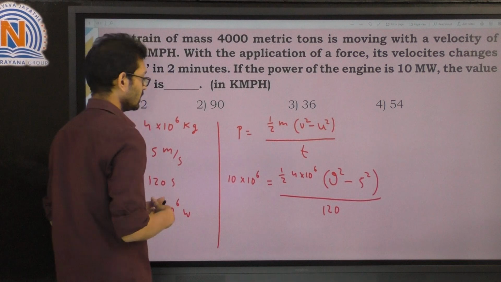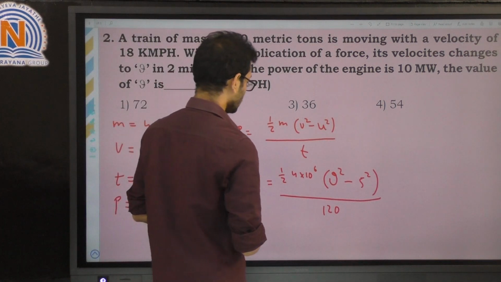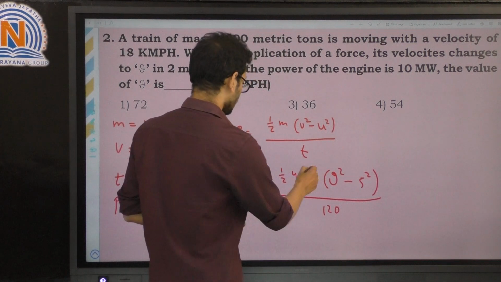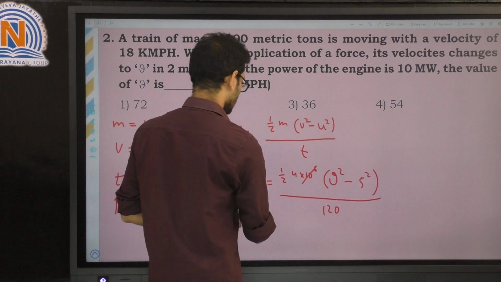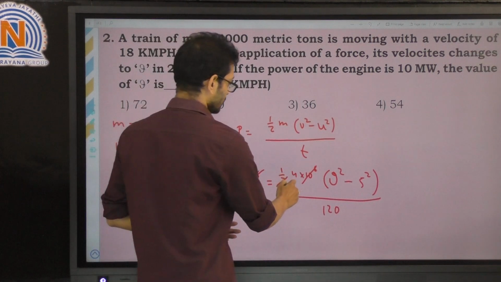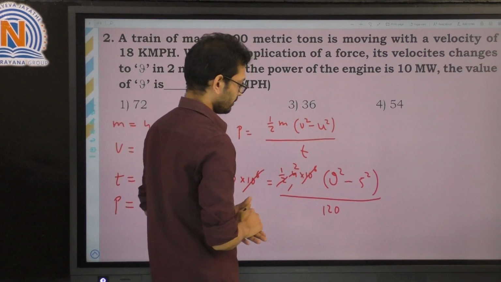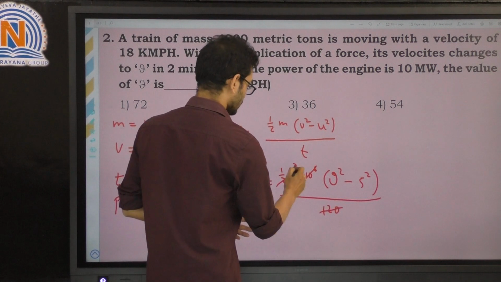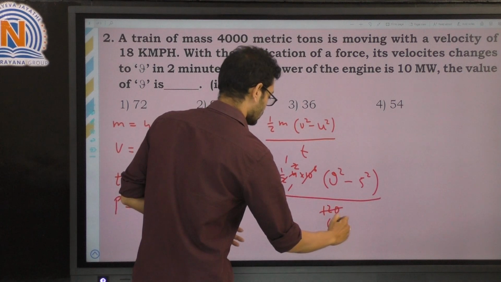How much are you going to get? You are going to get 10 power 6, and 10 power 6 gets cancelled, and 2 ones are 2, 2 60s are 120.